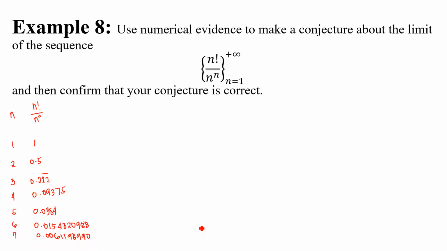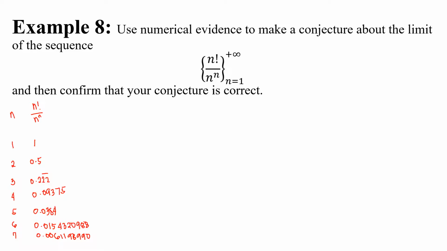So in this case, clearly we could say that as n increases, the sequence is approaching 0.